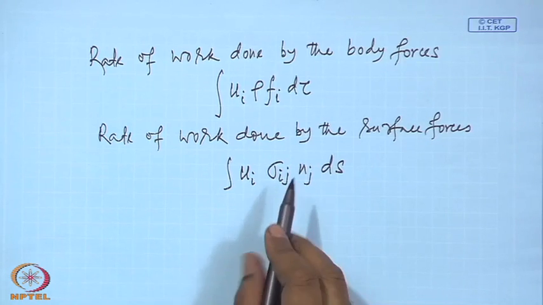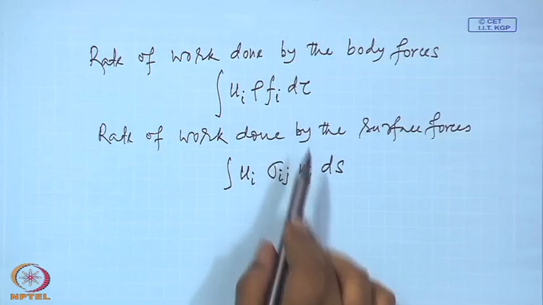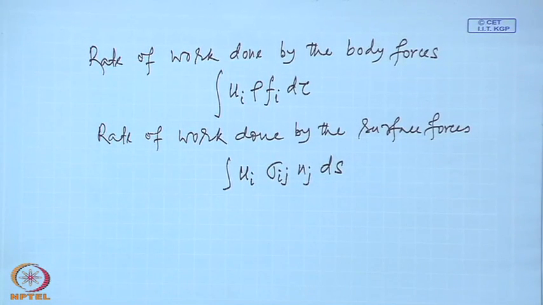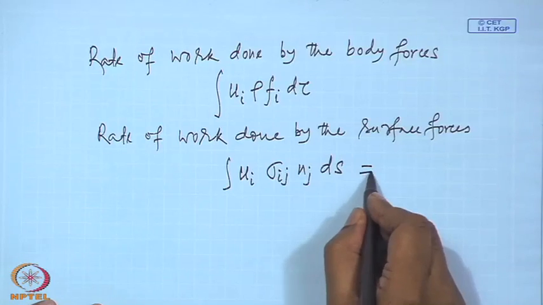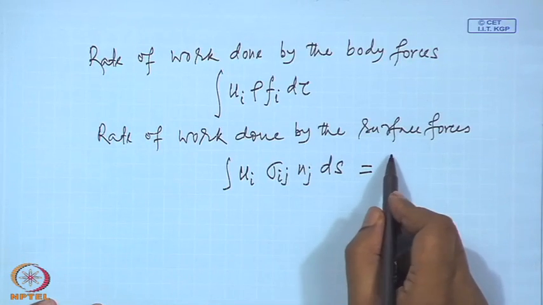However, there is a difficulty in adding the two terms: one is a volume integral, the other is a surface integral. So once again we have to express this surface integral by a volume integral using the divergence theorem, and that is quite easy. What will it be?